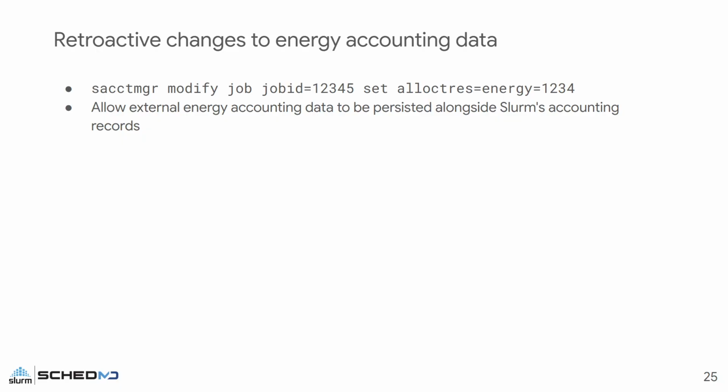Instead, this gives that stack a way to retroactively update Slurm's accounting records, so the correct data can be attached there and persisted alongside Slurm's accounting view. It just has to be retroactively changed, and there was not yet support for that in prior releases.